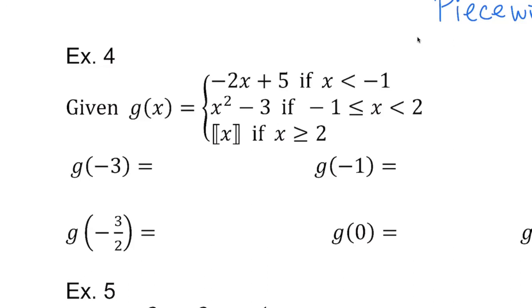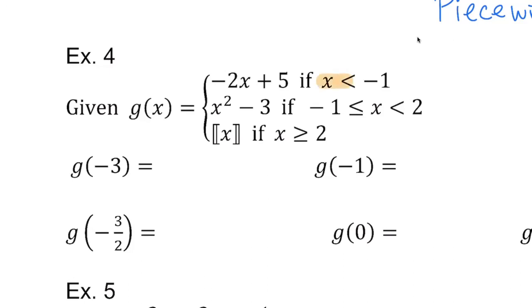So the first one, look at the g of x right here, example 4. There are 3 pieces right here. And what are these 3 pieces? You can see that there are some conditions listed at the end of each piece.